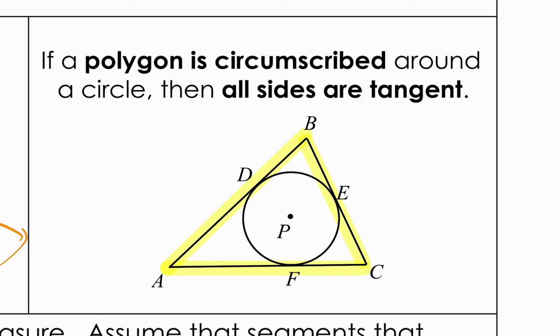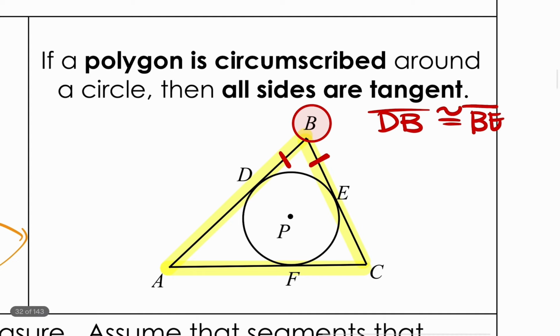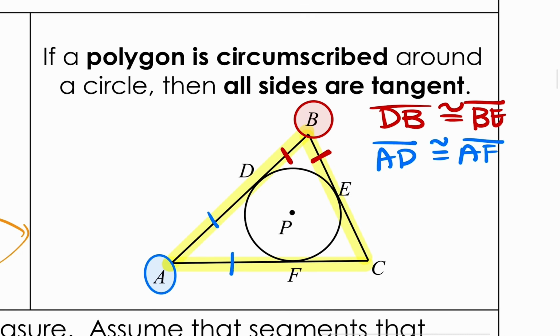So when I'm looking at this external point B, I could say that these two lines are congruent to each other. So now DB is congruent to BE. If I look at this external point, then these two lines are congruent, right? So now AD is congruent to AF.